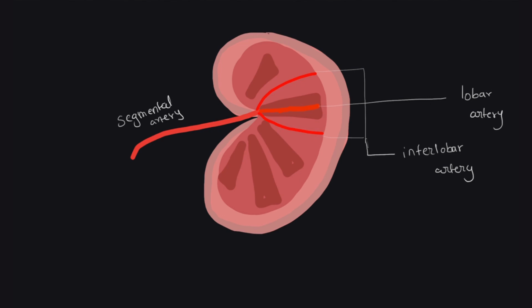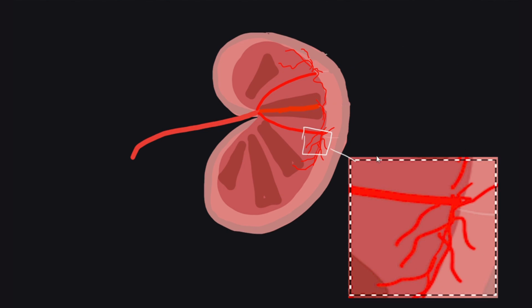Then there is further division on the distal end of the interlobar arteries, known as the arcuate division, which projects at an angle of about 90 degrees, forming the arcuate arteries.